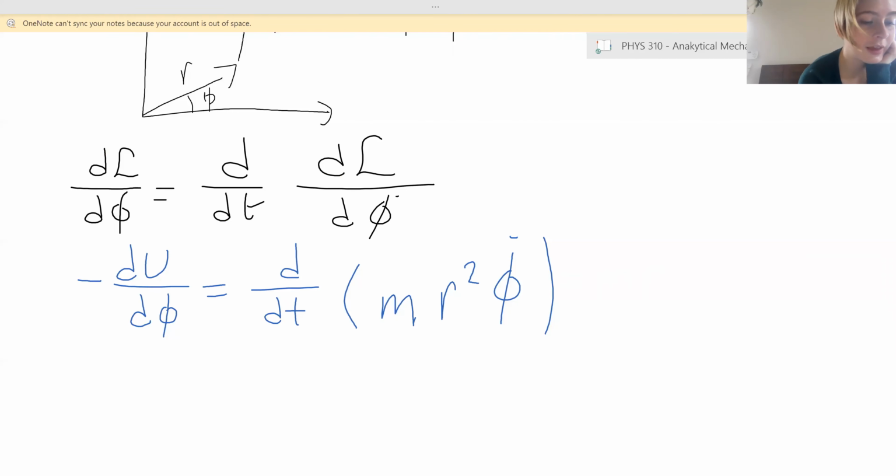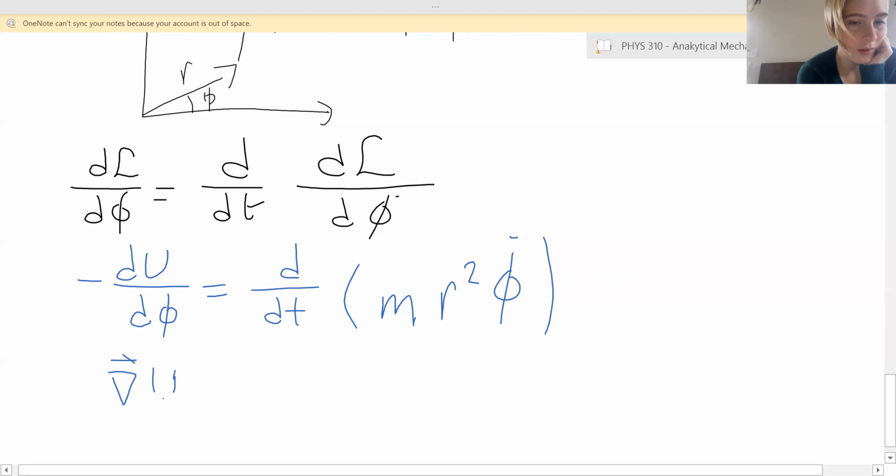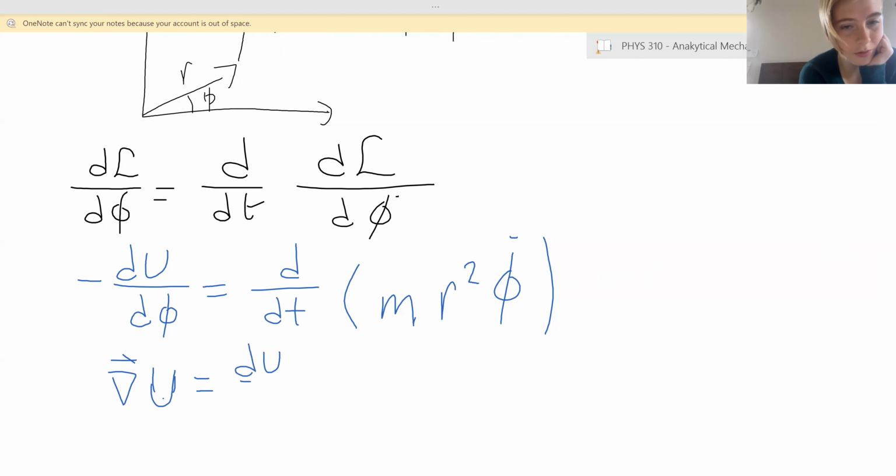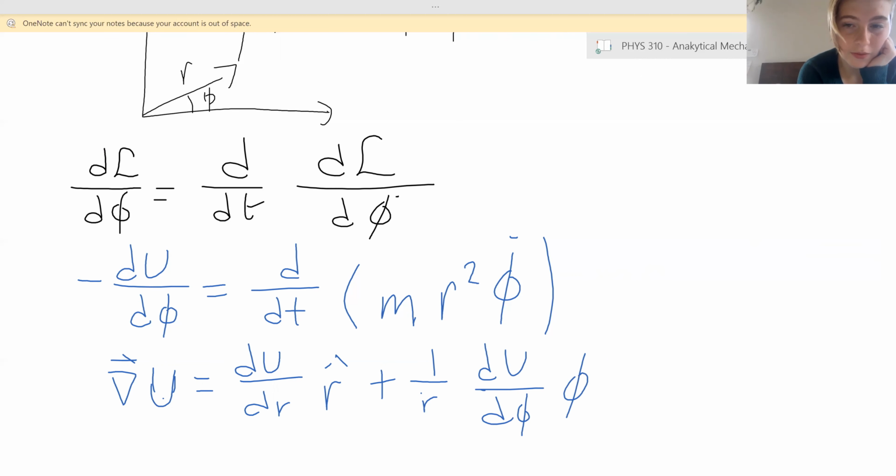We're going to first interpret the left side, where we know that the force is equal to the negative gradient of U. And what we're going to write out there is that the gradient of U in polar coordinates, we have dU/dr r hat plus 1 over r dU/dθ, and there's no z happening.